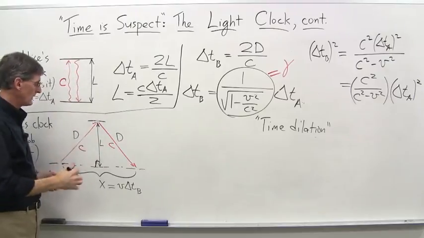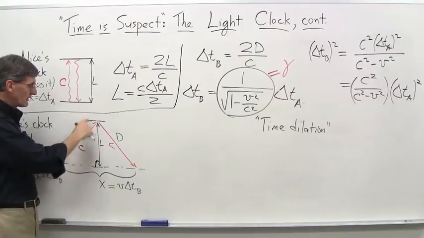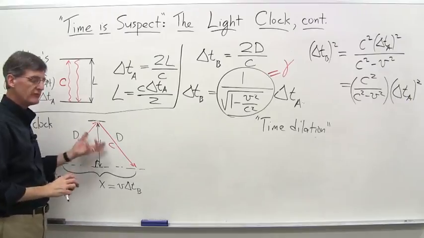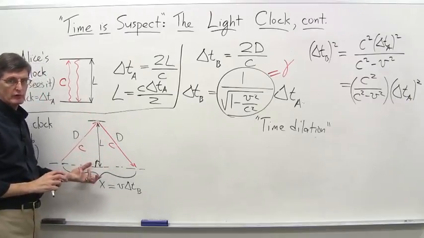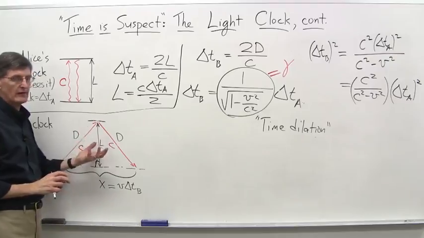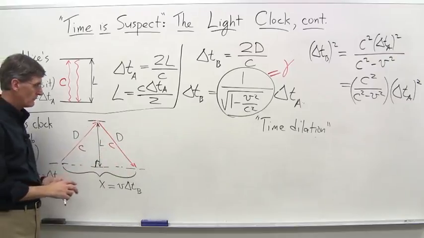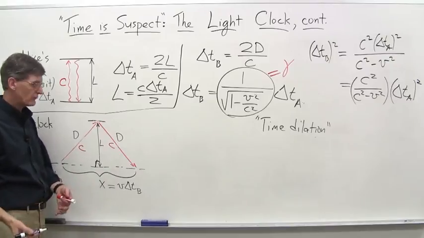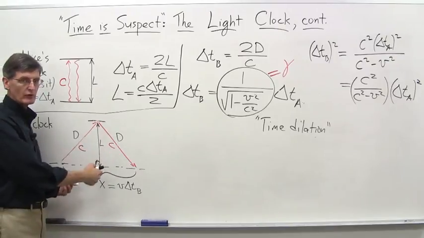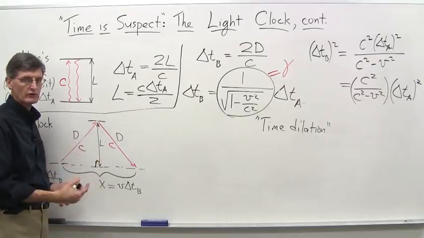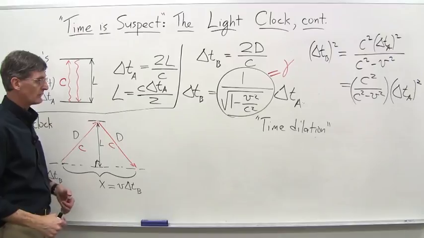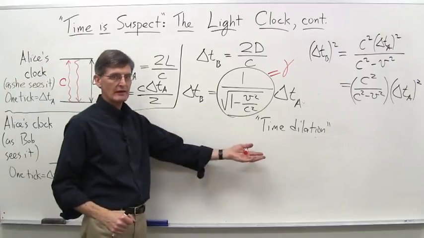Nothing weird about it. Bob, however, sees her light clock going up and coming down again at a diagonal, and therefore he sees her clock ticking more slowly. He tells Alice, hey, something's wrong with your clock because it's not working like it was before. I've got my clock right next to me, ticking away just fine. Your clock is now ticking more slowly. Each tick takes longer than it did before when I compare it to my clock. So that's the whole idea of time dilation.